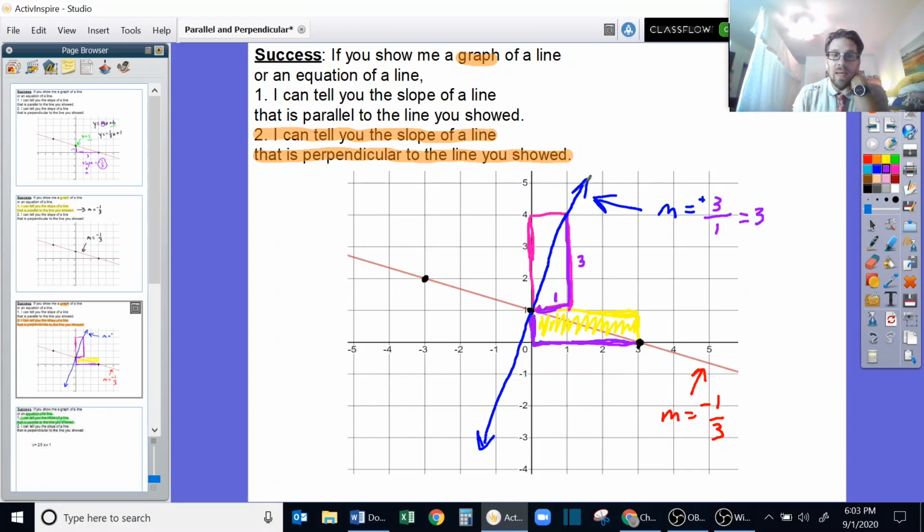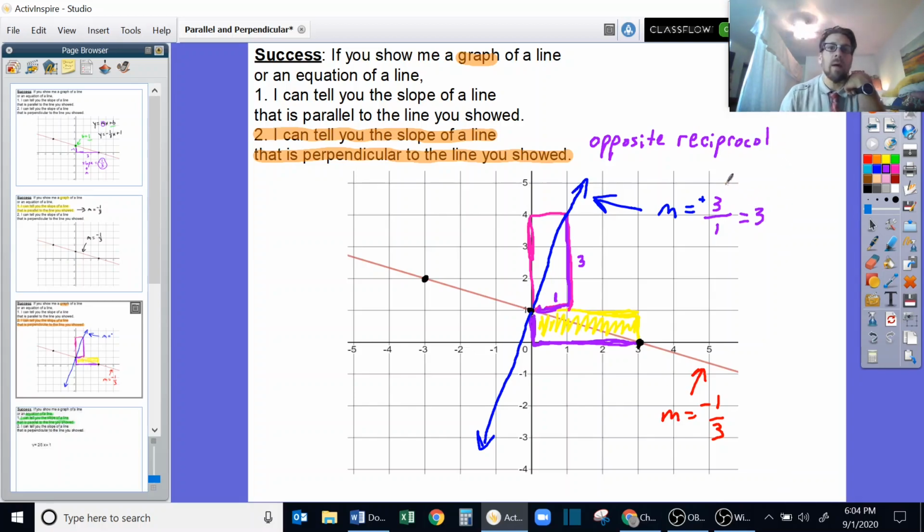So a line that would be perpendicular to this original line would have an opposite sign. It went from negative to positive, and we flipped the fraction. Instead of 1/3, it's 3/1. So we call that the opposite reciprocal.